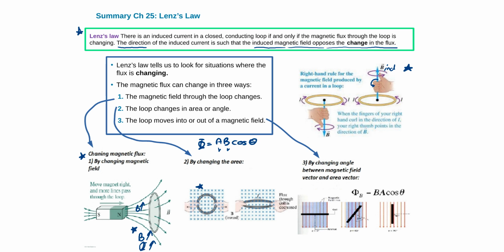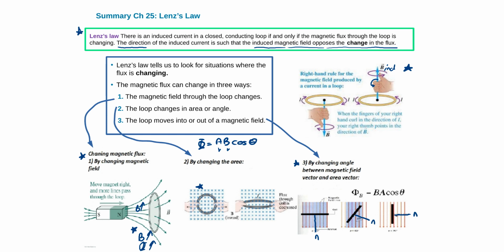We can also think in terms of a mathematical approach. The third way to change the flux is to change the angle of the cross-section area's normal, not the area itself, with the magnetic field. So this is my normal here. Here I have a tilted normal, with an angle. Here I have my normal.